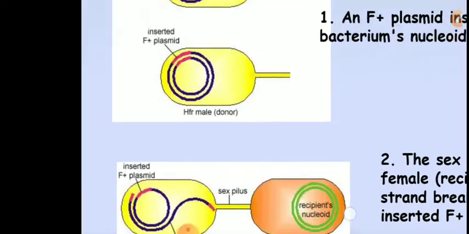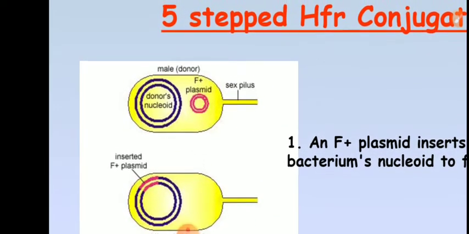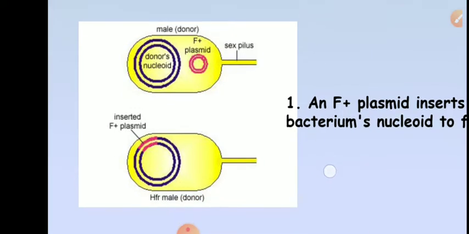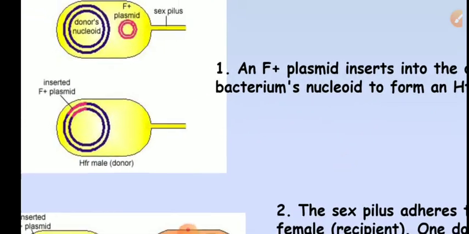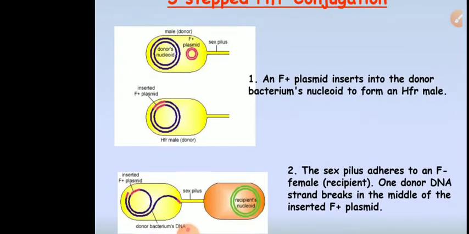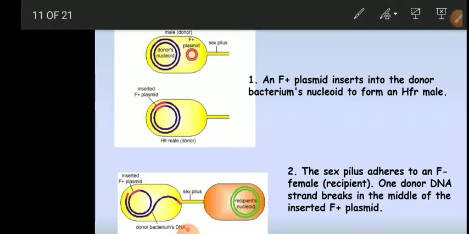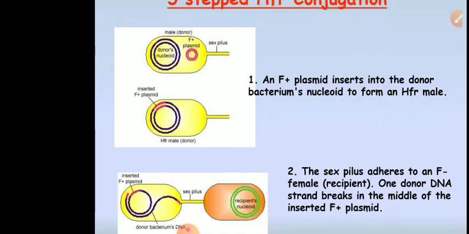So just look at this. Look at the first figure. You can see in red color the F plasmid in the male donor cell. Now what happens? The F plasmid gets integrated inside the donor bacterium to form an HFR cell. So in the first diagram you can see number 1, the F factor integrated inside chromosomal DNA, and hence an HFR cell is formed.